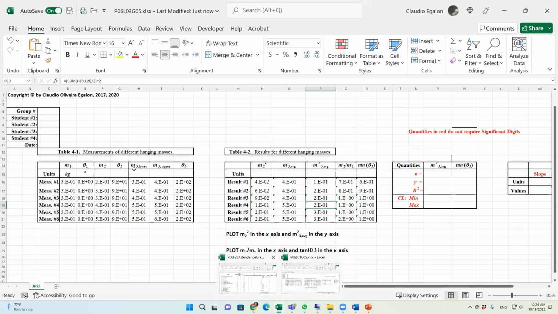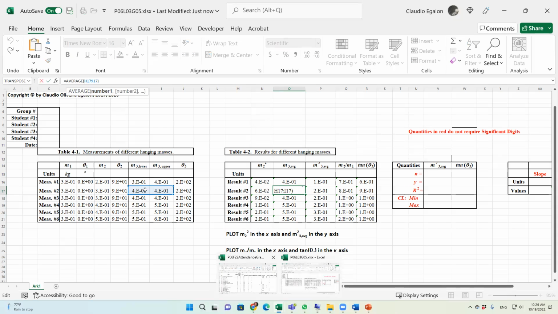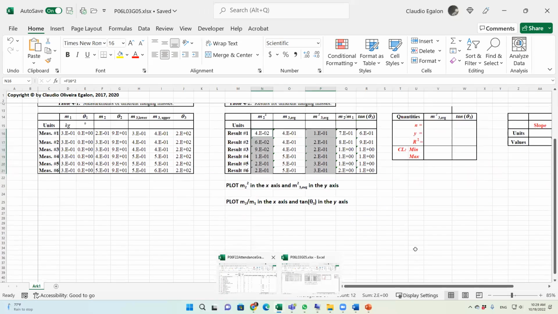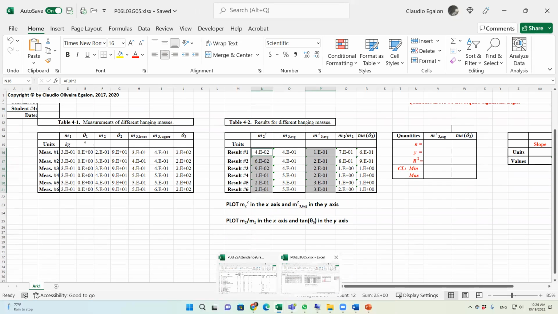Don't forget that we have a range of M3 masses. Consequently, we have to take an average of those two values, and what is squared is the average of M3. Your first graph is going to be this one here: M3 average squared versus M2 squared. That's your first graph. So let's start by plotting this graph.